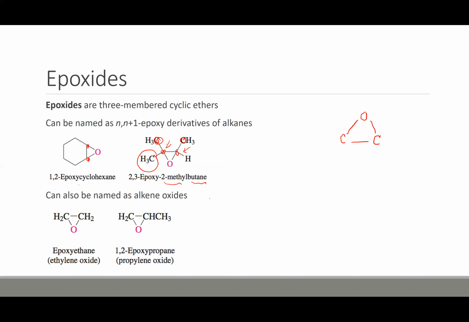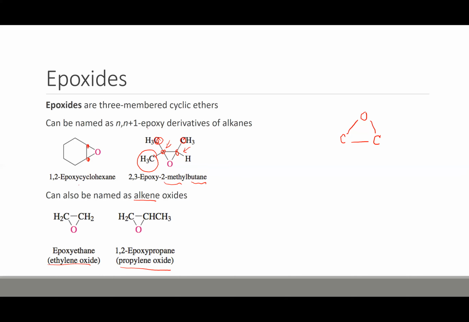You can also name them by saying the alkene that they would be making with the word oxide following. So for example, ethylene oxide. Again, this is a common name, and the naming format we're not going to be using.